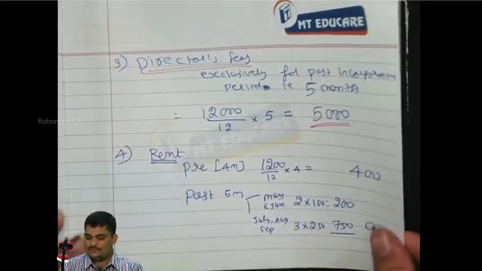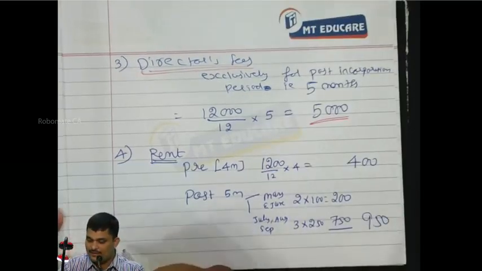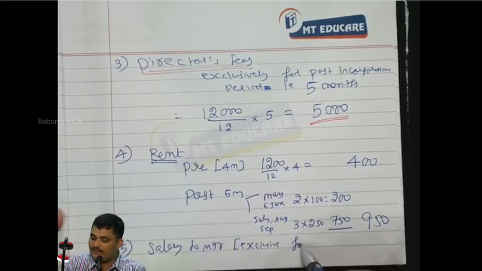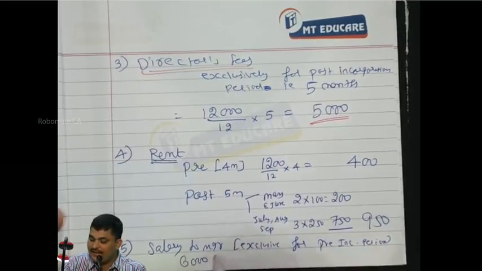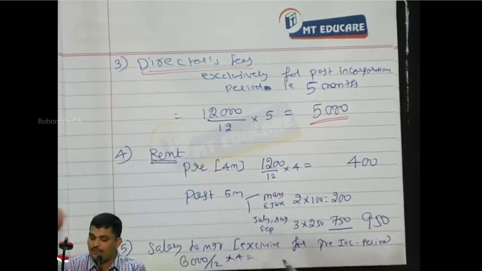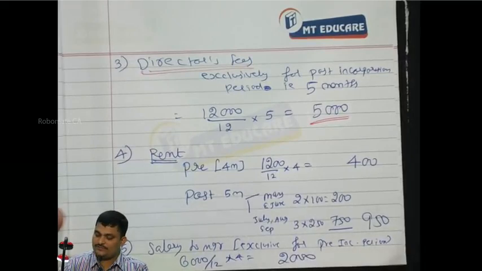Then what else do we have? Salary to manager, exclusive for the pre-incorporation period. It was 6,000 per annum, but for the pre-incorporation period of 4 months, it is 2,000 rupees.